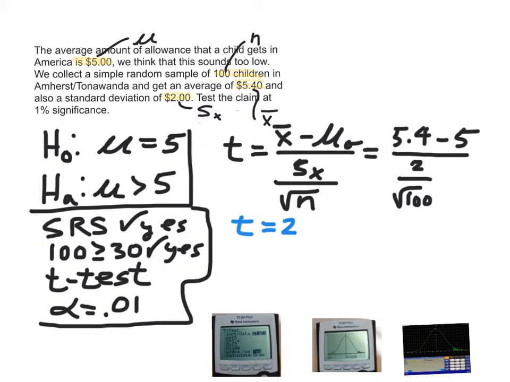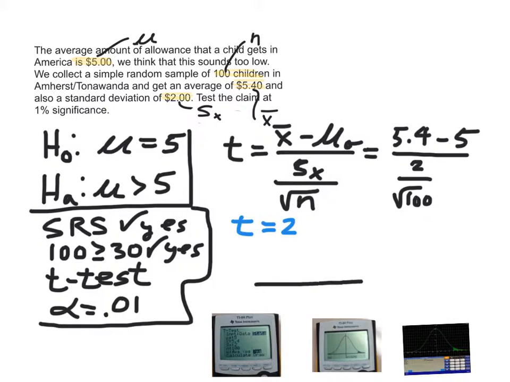That's the second most important number from our work. We have to still figure out the probability, but you can get an idea that the probability is probably going to be on the low side because our t-score is farther away from 0. The closer it is to 0, the more probability you get.